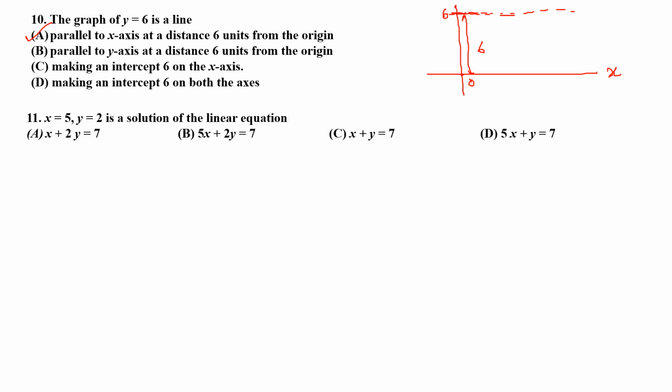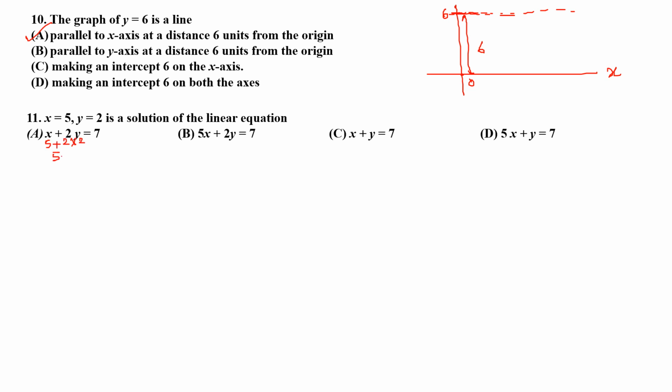Now question number 11. X equal to 5 and y equal to 2 is a solution of the linear equation. Now this value is the solution for which of the linear equations? So if it is a solution of any one of these linear equations, means it will satisfy that equation. So start putting the value of x as 5 and y as 2 in each and check LHS is equal to RHS or not. In the first case, here it is 5 plus 2 into 2.